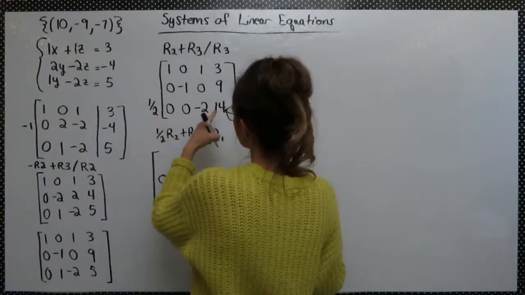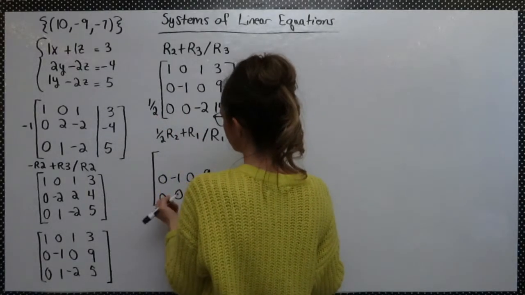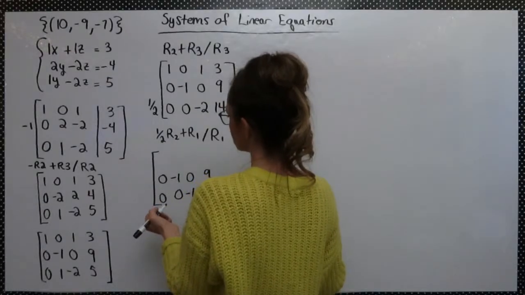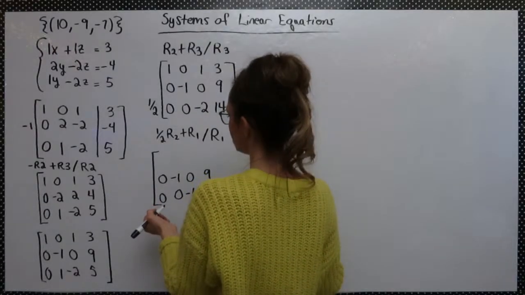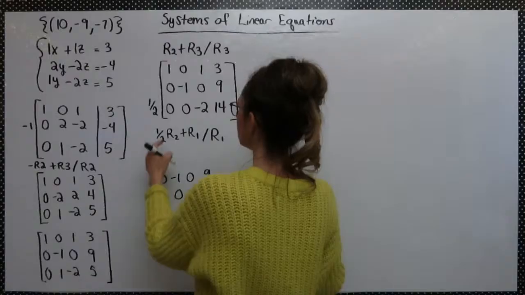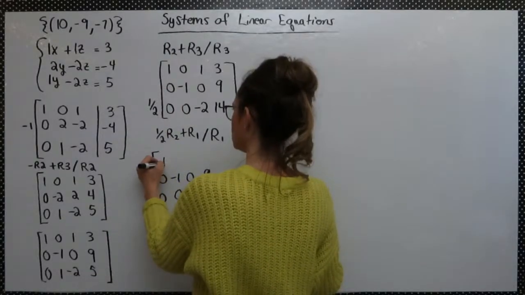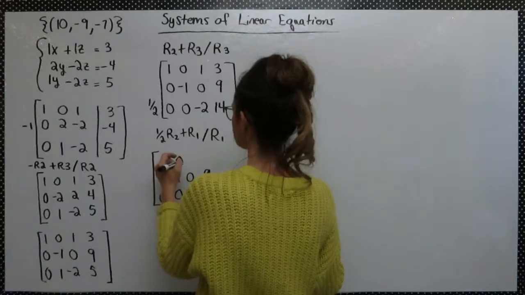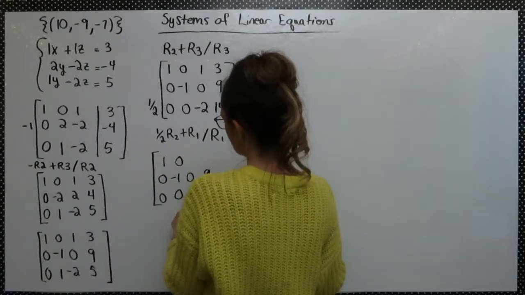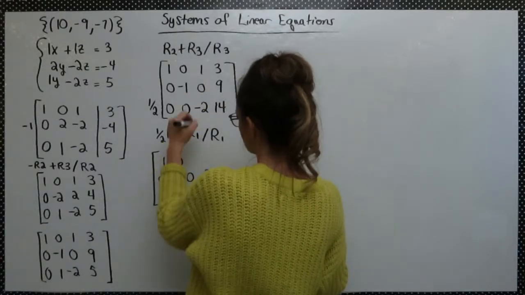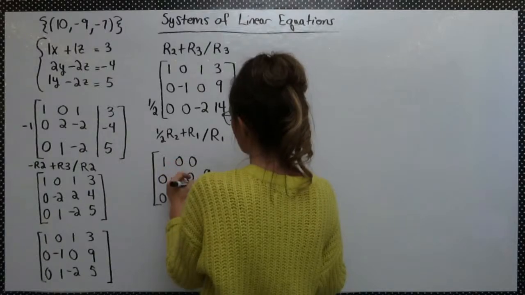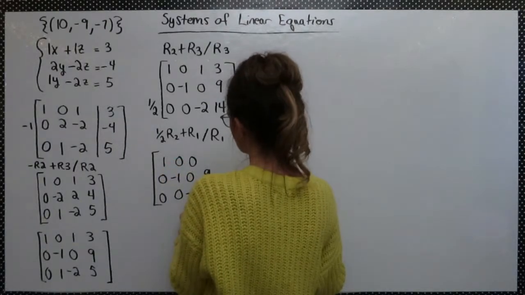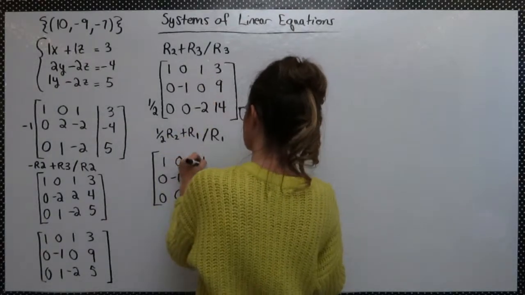And then 1/2 times 14 is 7. Then we add it to row 1 and replace row 1. So 0 plus 1 is 1. 0 plus 0 is 0. -1 plus 1 is 0. And 7 plus 3 is 10.